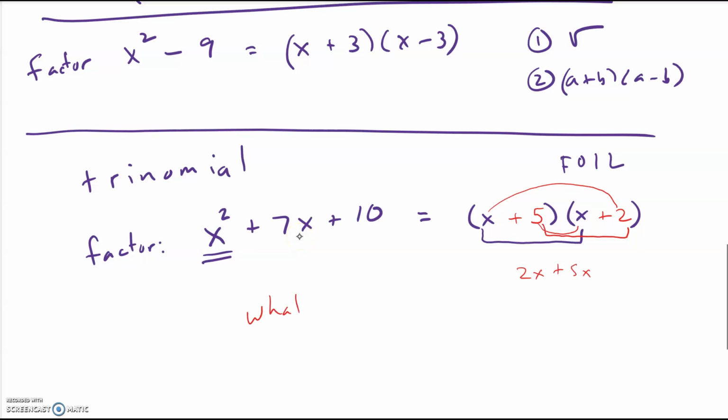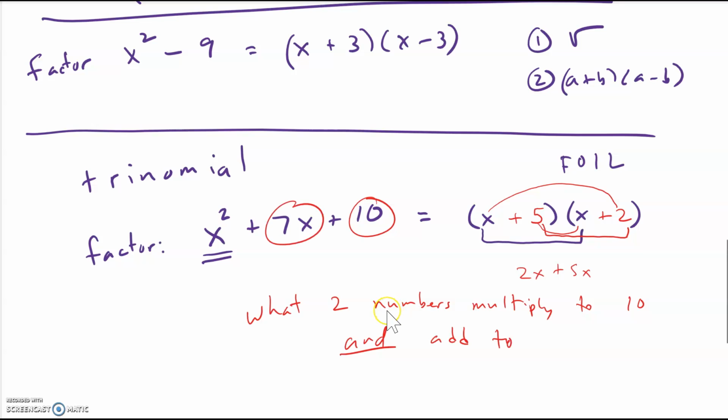In other words, what two numbers multiply to 10? Whatever that last term is in the expression you're trying to factor, the two numbers have to multiply to that, because that's the L part of FOIL, and at the same time add to that middle number right there.